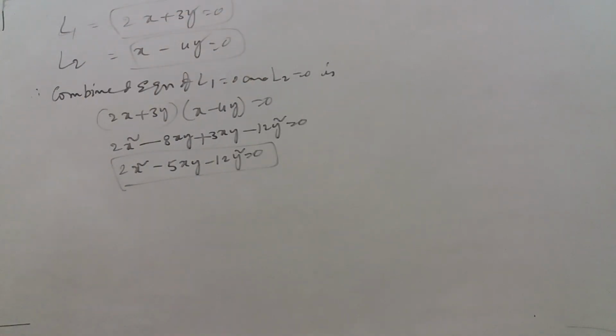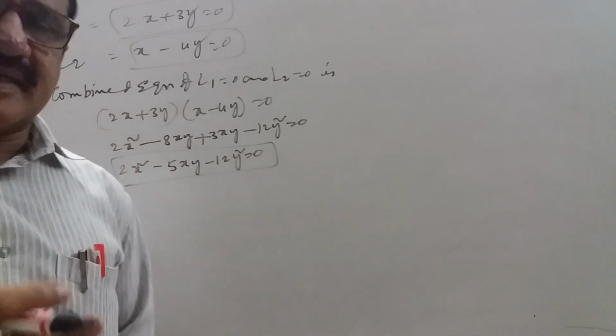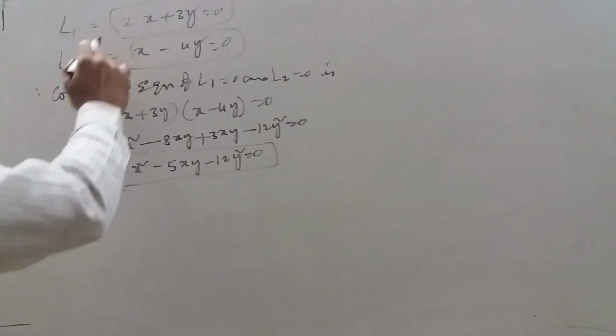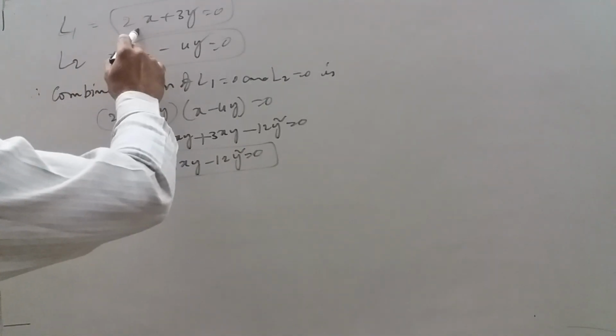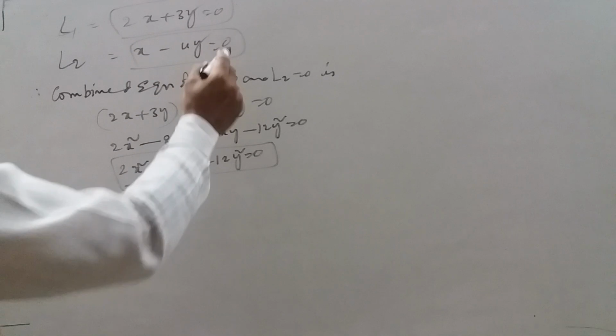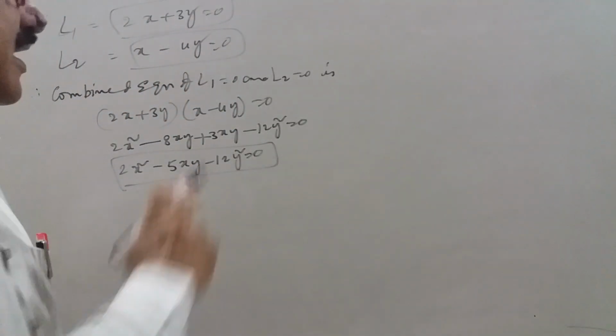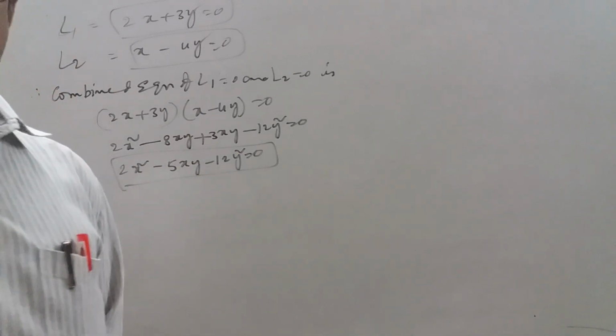Whether it may be a curve or intersecting lines or any other. Here we can say that 2x plus 3y is equal to 0 and x minus 4y is equal to 0. These two straight lines are passing through the origin only, since there is no constant.